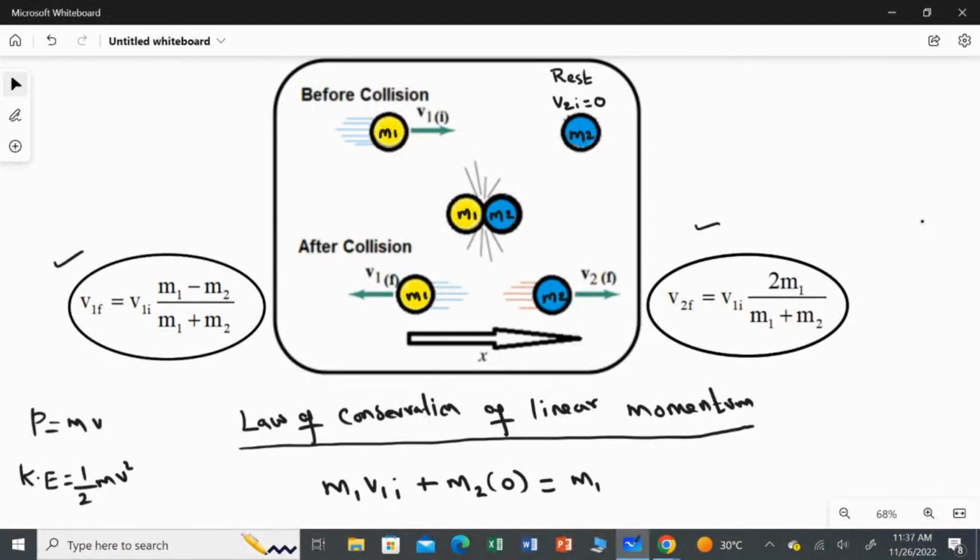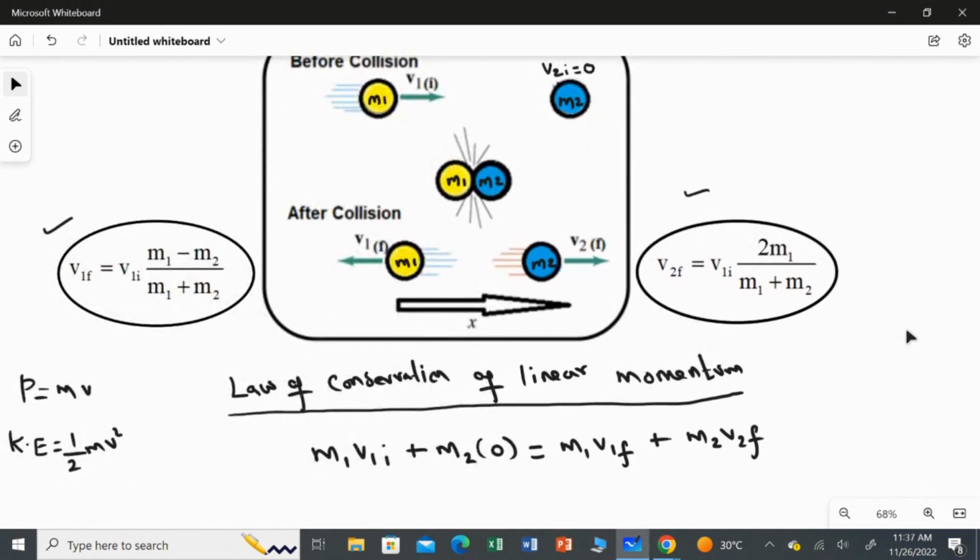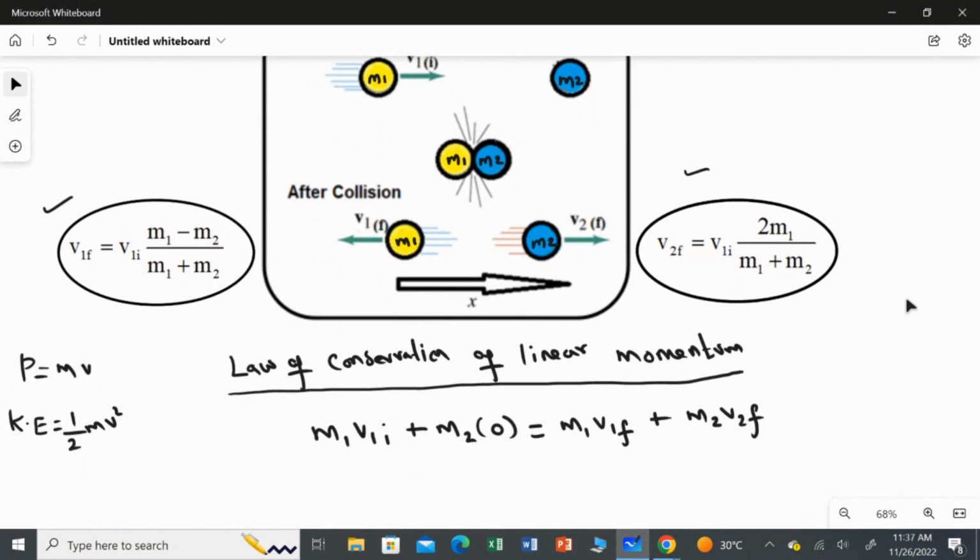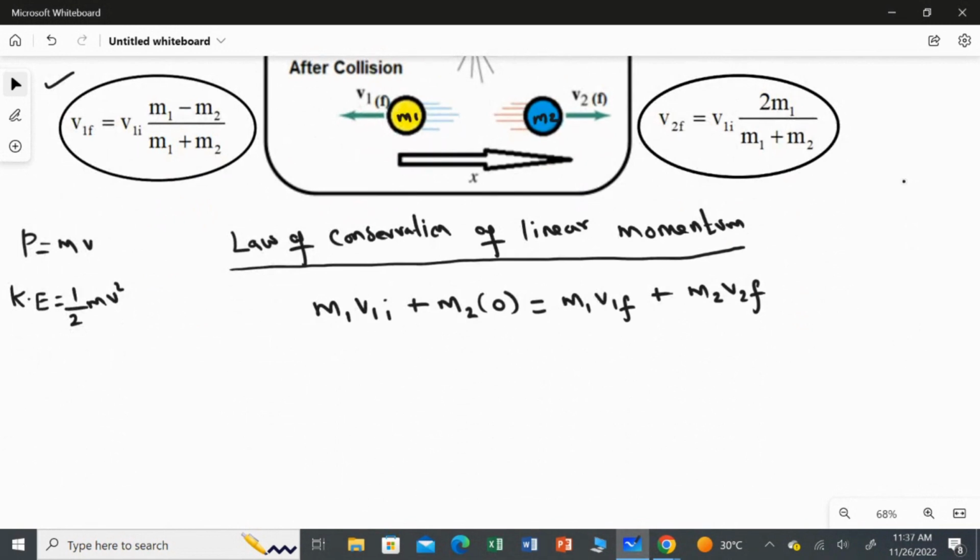M1 moves with the speed of V1 final plus M2 multiplied by V2 final. This is the relation we framed from the figure. Likewise, I am going to frame the same equation for the law of conservation of kinetic energy. Clear? Okay. So better I can take this equation as the first equation.